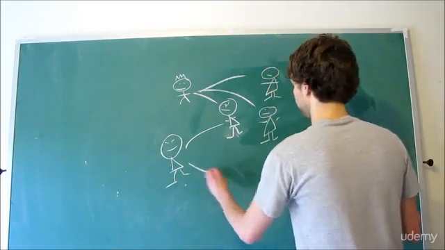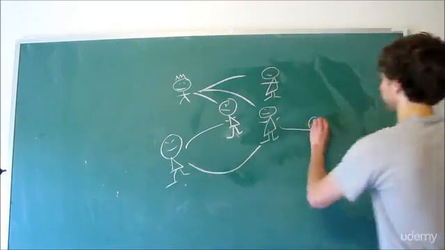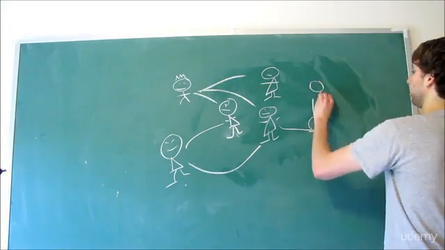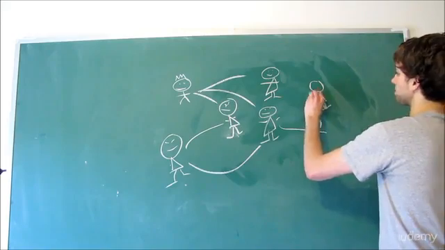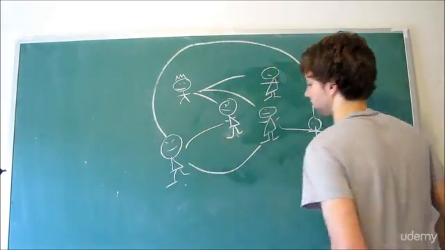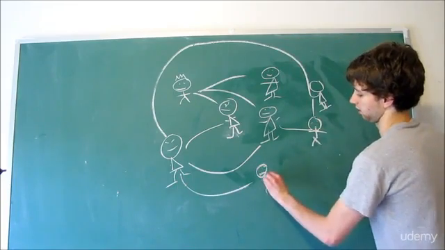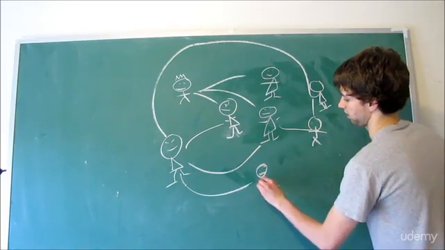So this guy is married to this girl, and this girl's married to this guy over here, and this guy is married to this girl over here. So Sally is married to Jim, who is also married to this girl over here. Let's see if I can draw one here.